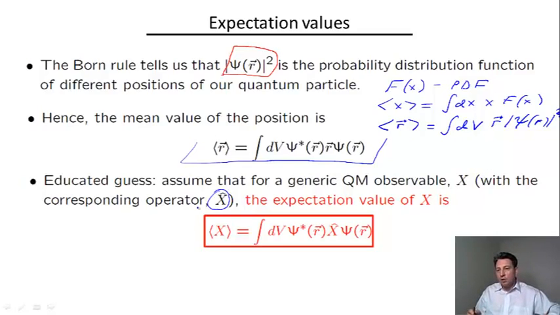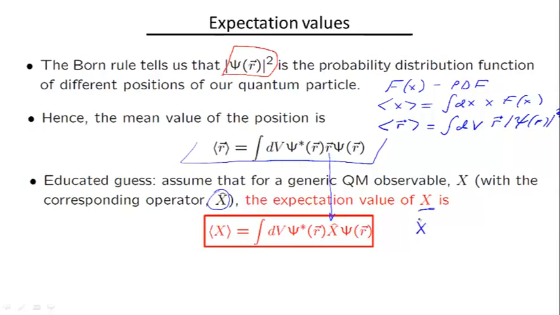The expectation value of this quantum observable x is going to be calculated in full analogy with this equation by simply replacing the coordinate operator in this equation with the operator x hat, whatever it is. So for example, if x happens to be momentum, then the expectation value of momentum is going to be an integral of psi star times minus i h bar gradient of psi, etc.